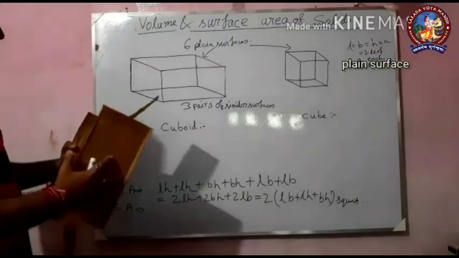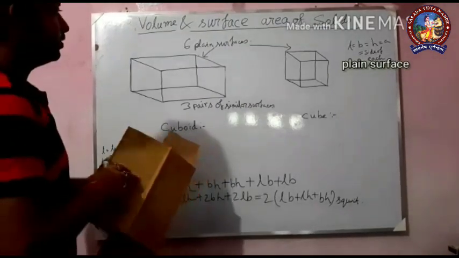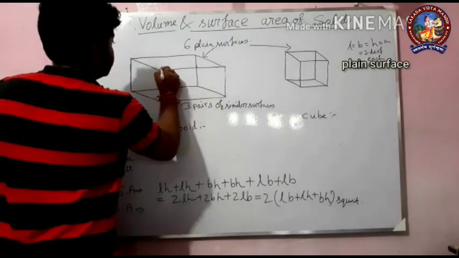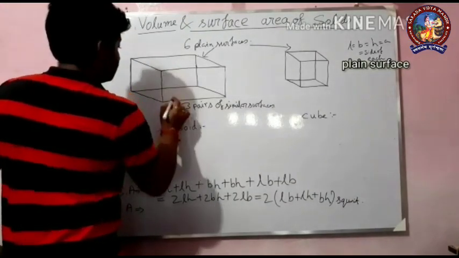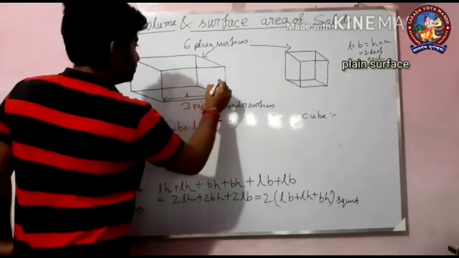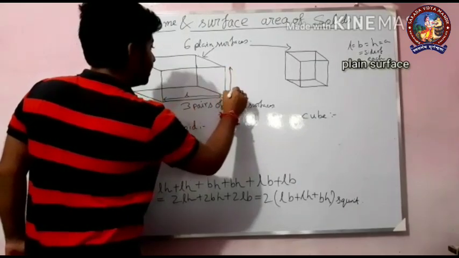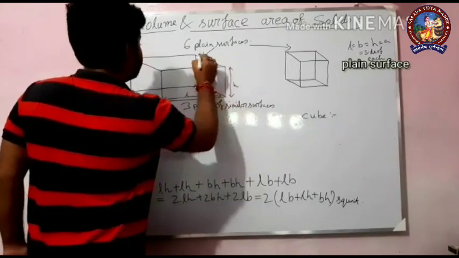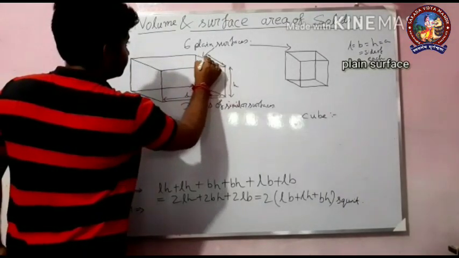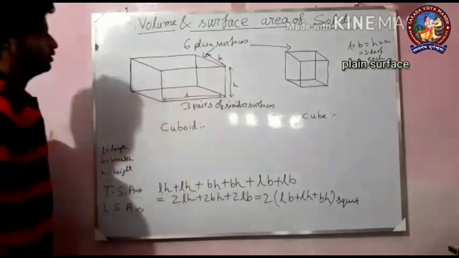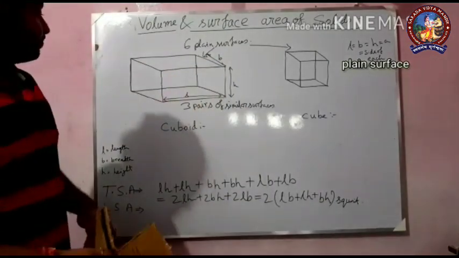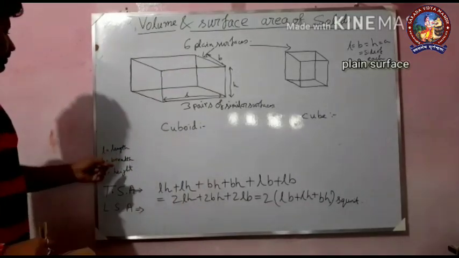Now suppose we have to find out the lateral surface area of a cuboid. First we should mention here, this is the length, this is the height, and this is the breadth. Here L is length, B is breadth, and H is height.